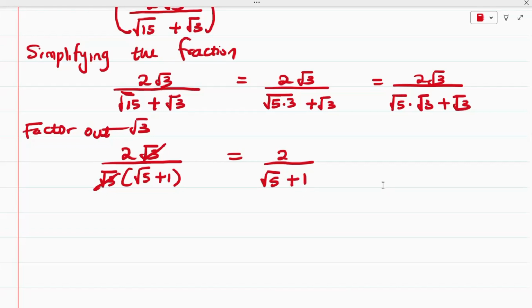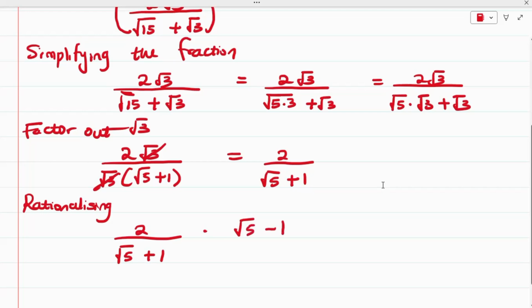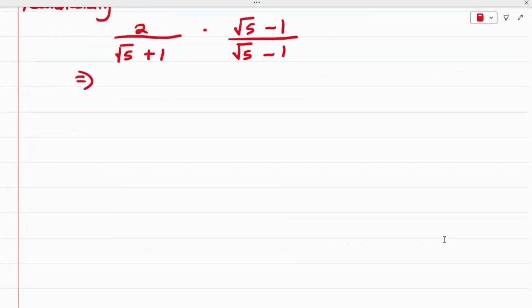Once we have this, the next thing we want to do is to rationalize. So rationalizing, we have 2 divided by the root of 5 plus 1, multiplied by the root of 5 minus 1 divided by the root of 5 minus 1. This is equal to 2 multiplied by the root of 5 minus 1 divided by the root of 5 plus 1 multiplied by the root of 5 minus 1.